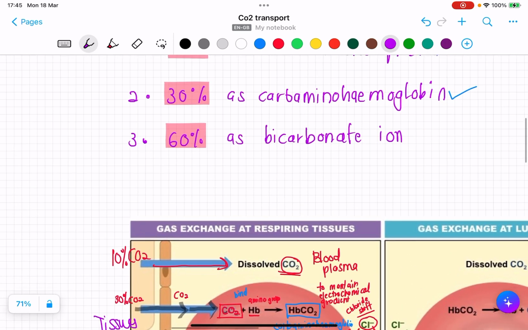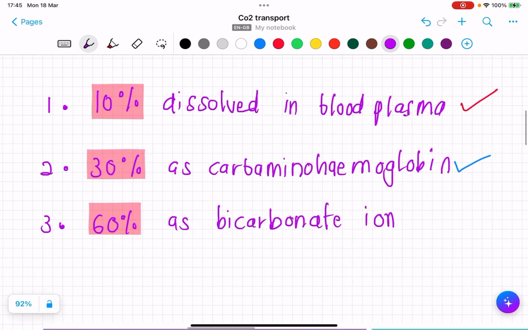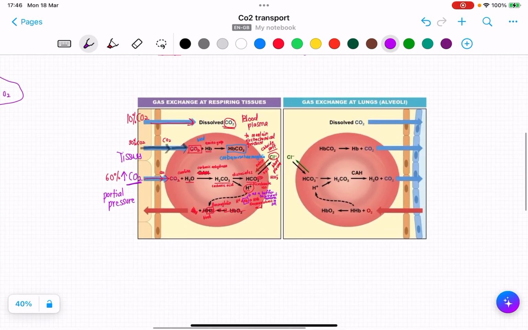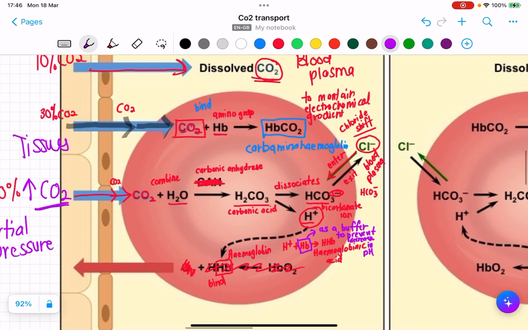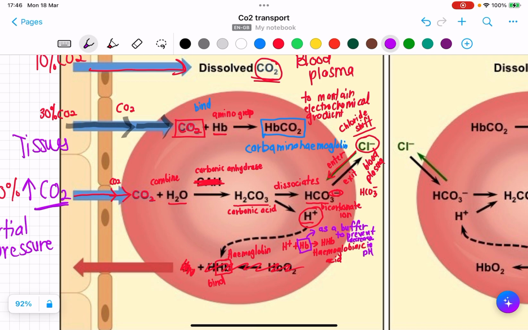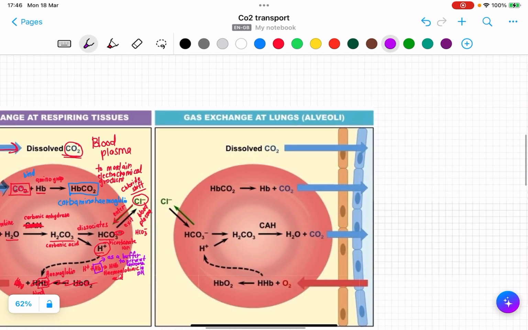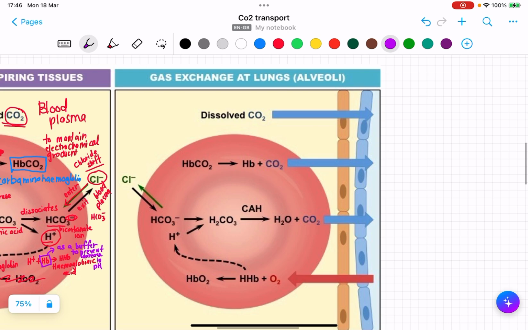So, that's it. Kita ada 3 ways how CO2 transported daripada tisu masuk ke dalam plasma dan red blood cell. Lepas tu barulah darah tu berjalan pergi ke lung, dan dekat lung dia akan terbalikkan proses ni. So proses tadi tu kita reverse balik. Setelah sampai ke lung, semua proses tadi akan terbalik.